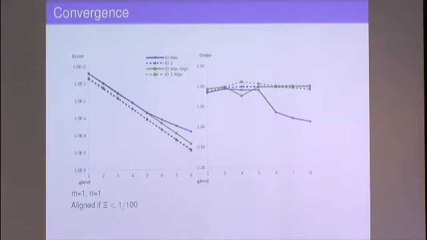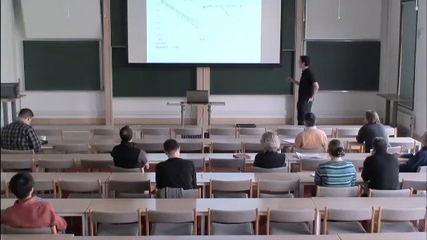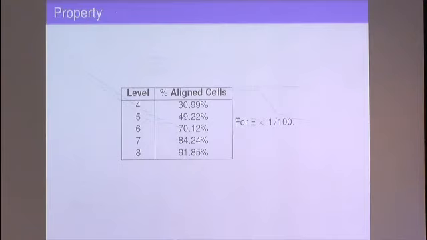So, an interesting thing is, why is it convergent in the L2 norm, which is something that I've seen here in several talks. In the L2 norm, things have a higher order convergence than the other one. And curiously, if we fix a cutoff point for the alignment index and look at how many aligned cells are in the grid, as we go into finer grids, the aligned cells tend to dominate.